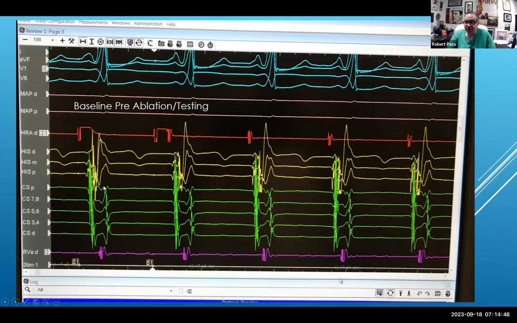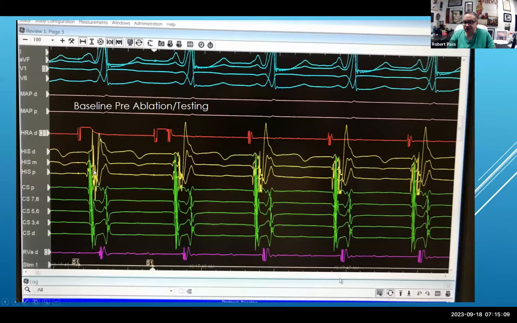Now, it's usual that the left-sided electrograms will be later than the ventricular electrogram in the His, because even in the absence of WPW, you will be conducting from A to V via the AV node and His-Purkinje system. So we would expect that the earliest ventricular electrogram from standard intracardiac catheters would be near the His.